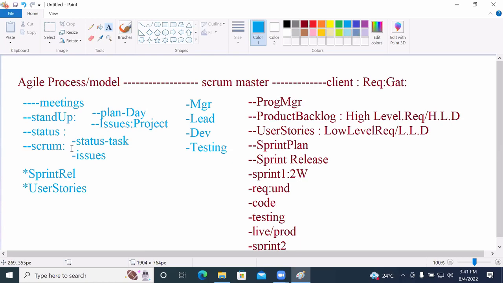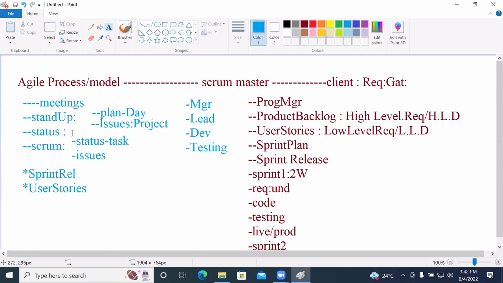Once you guys get a job, assume that you got a job and you are placed in an Agile project, you are working on that. When you are working on the Agile project, according to the process, according to the standards of Agile, the stand-up meeting and status meeting need to be conducted on a daily basis.